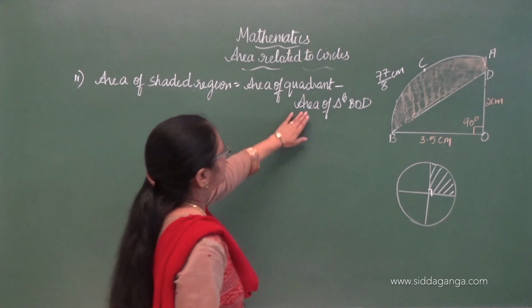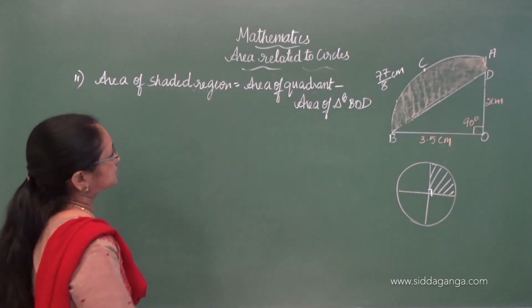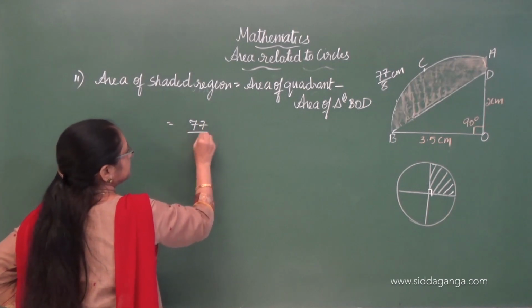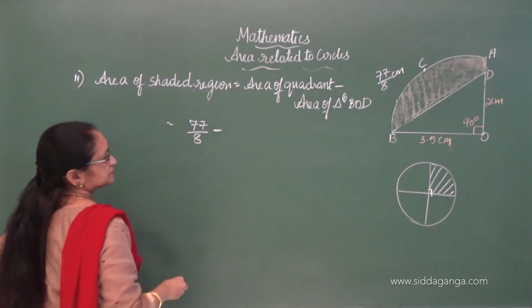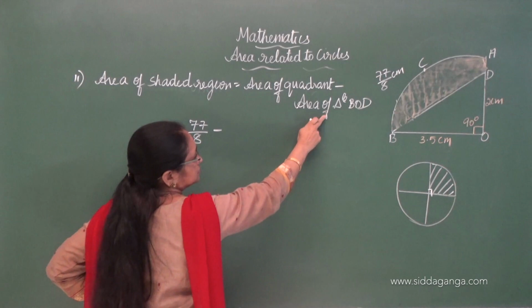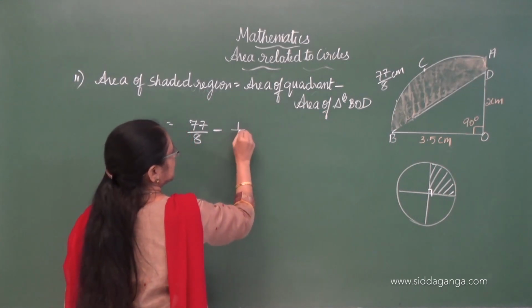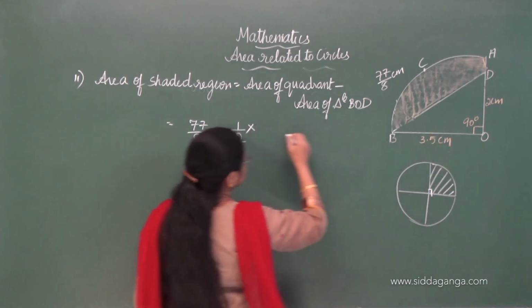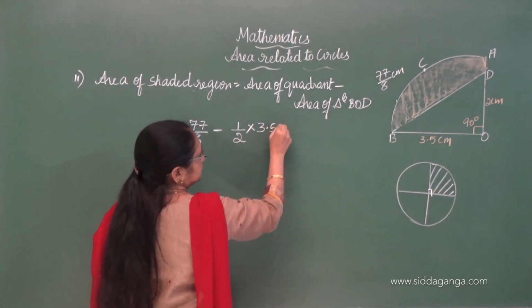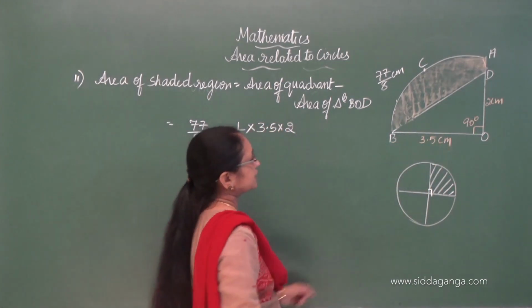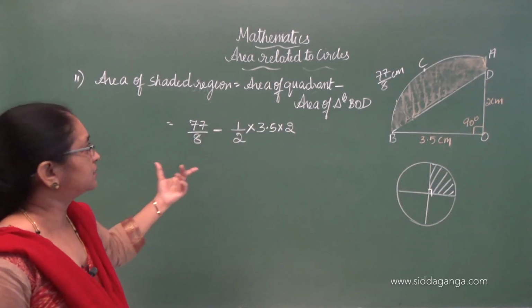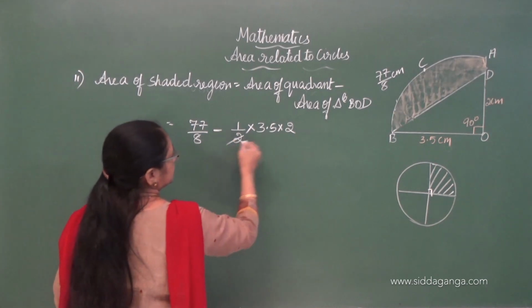Now, it is easy to find out. Area of the quadrant we got 77 by 8 minus area of the right angle triangle, that is half into base into height. What is base? That is 3.5 into 2. You can write the formula separately, then subtract. Anyway, okay, no problem. Now 2 and 2 get cancelled.